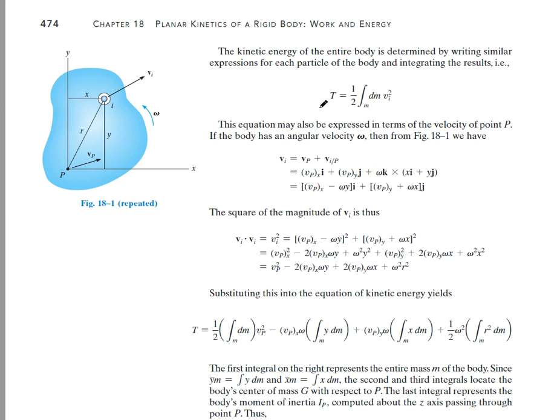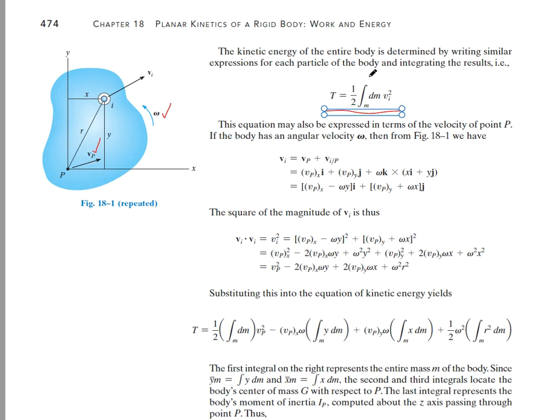And the total kinetic energy of the body as it's moving, performing both rotation and translation. We have the velocity of a point B, and we associate the reference frame to the point P.